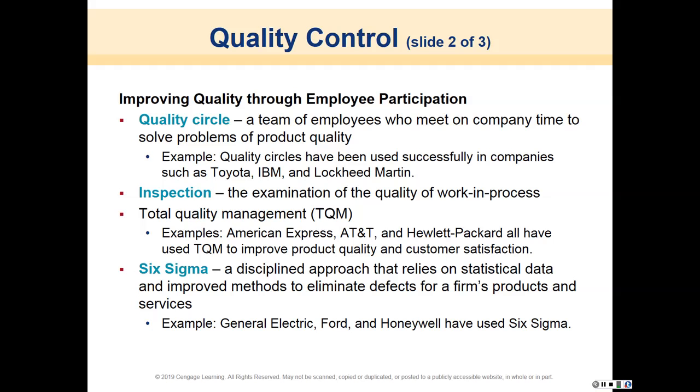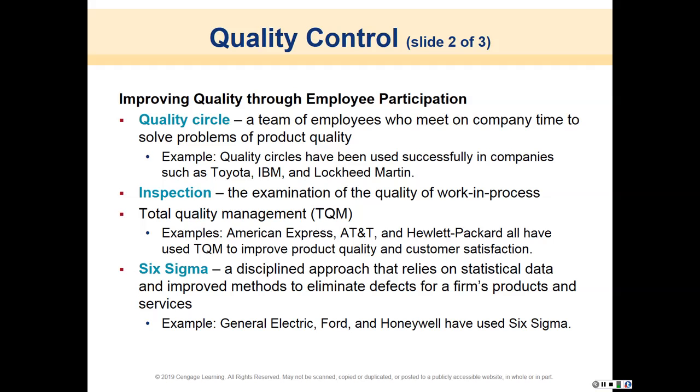Total quality management is this idea that we're looking at from every aspect of business, not just the production facility, but also how is HR affecting it, how is marketing affecting it, and trying to create better quality and customer satisfaction in the product.